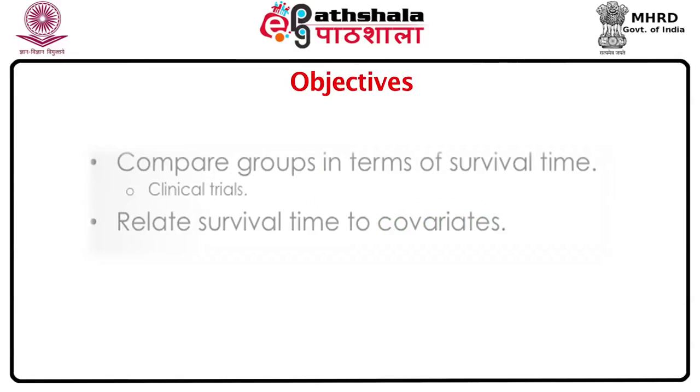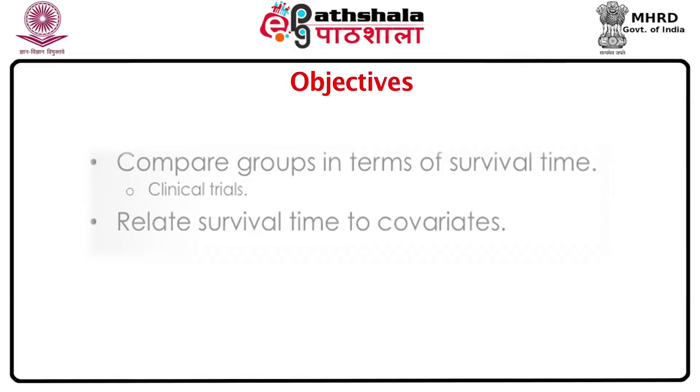What kind of problems do we consider in survival analysis? Well, one very common area where survival analysis is used is clinical trials. This means that we are comparing, for example, survival, that is time to death, for two groups which are on two different kinds of medications. So our objective here is to find some way of quantifying the differences in the survival experience of these groups.